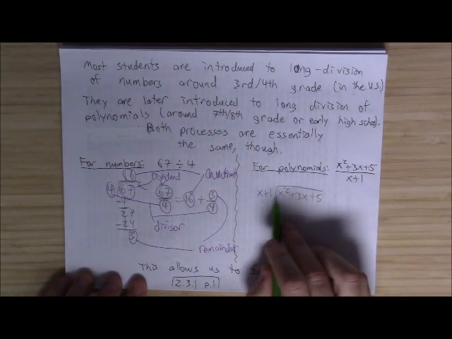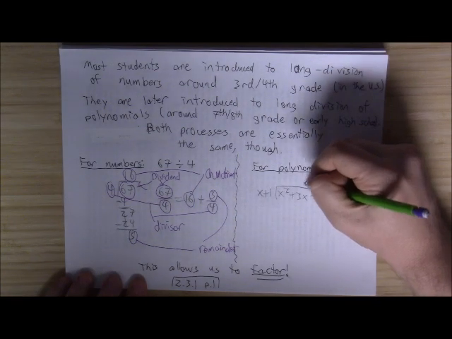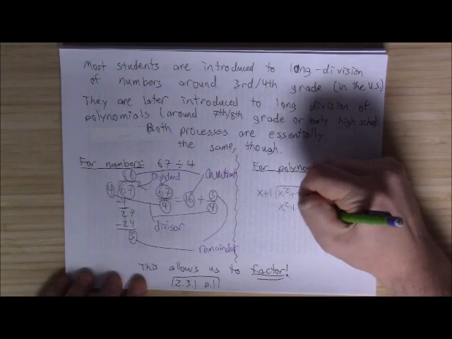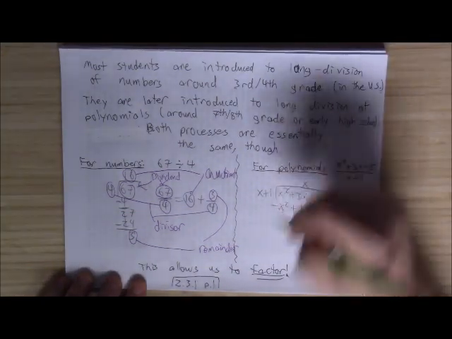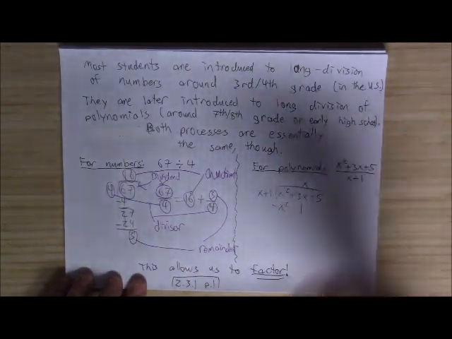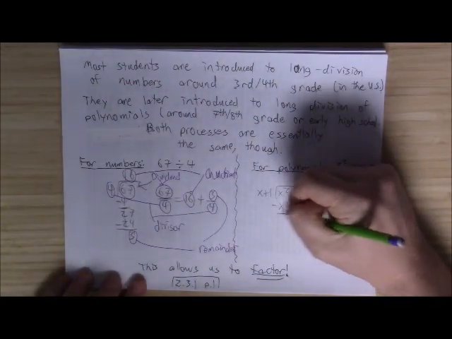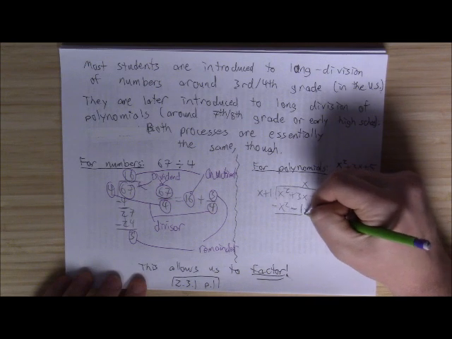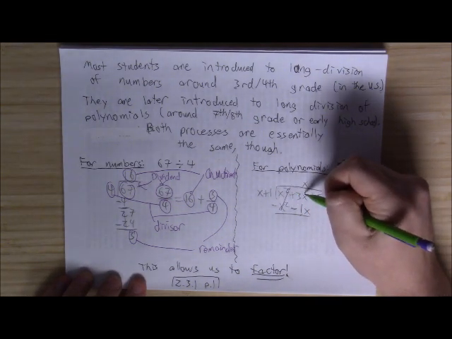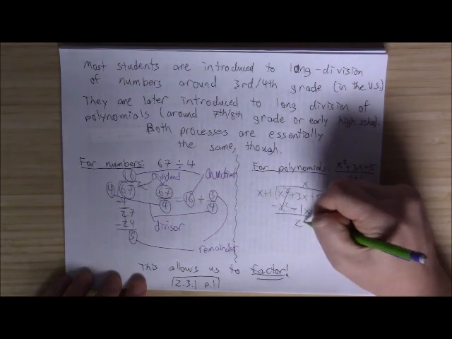Here we need to at least multiply it by an x. So x times x plus 1 gives me x squared plus x. But then I need to change all the signs just as I did here. Of course, here with polynomials, I have to change everything because I'm distributing through the sign. So here, that's 1 times x. Those should cancel. We get positive 3x minus 1x is 2x.